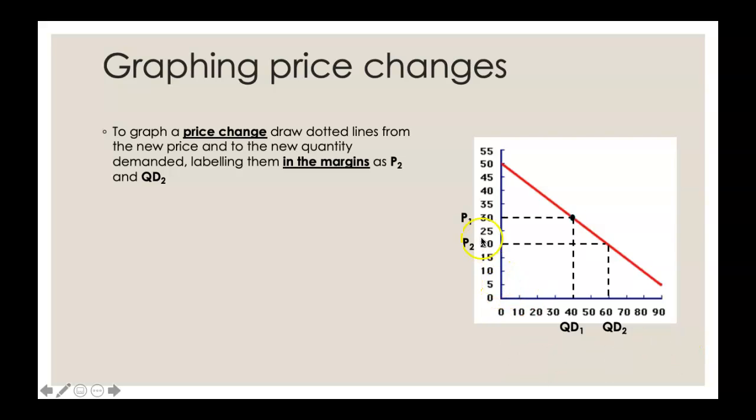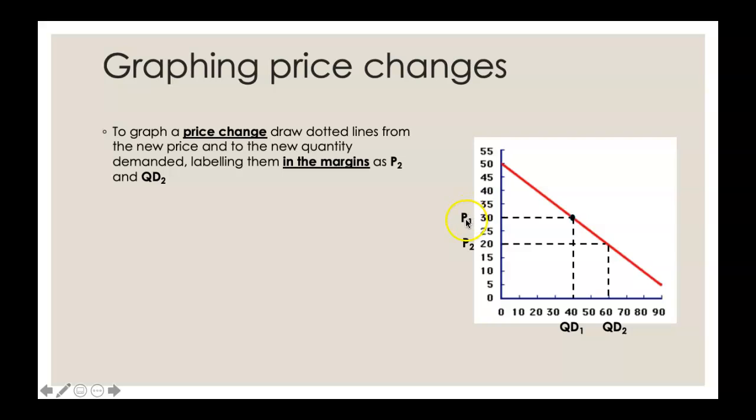You would show that in this way. You do a horizontal line from the price. You label that horizontal line P2, and you would draw a vertical line from the quantity demanded, which is 60, to where it intersects with the price. Draw a dot and label that QD2, quantity demanded 2. And this is how you would show a price change.